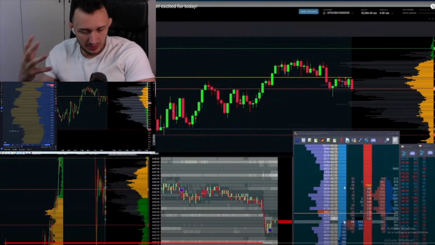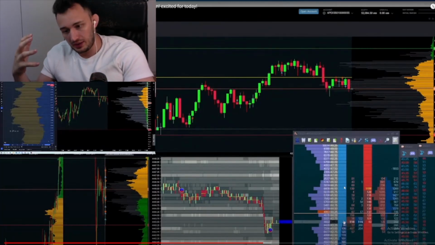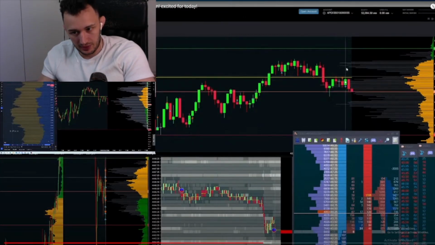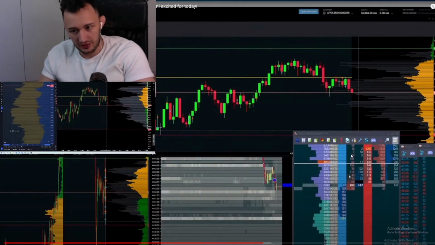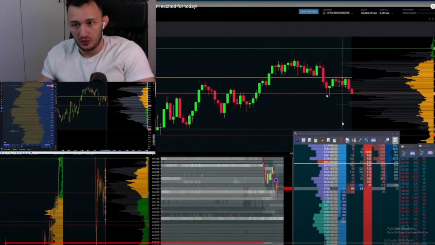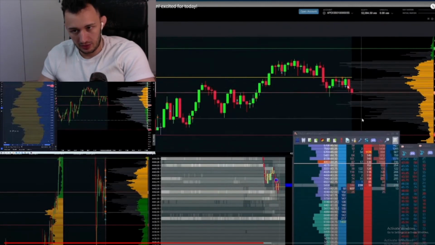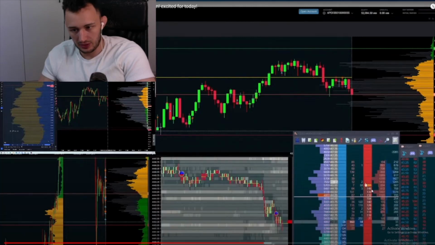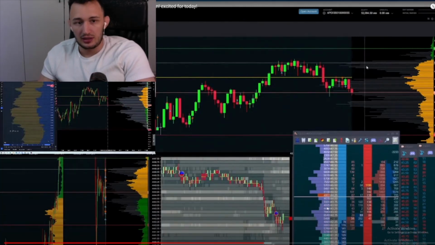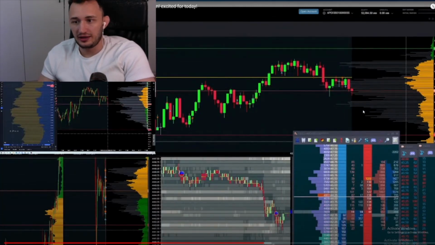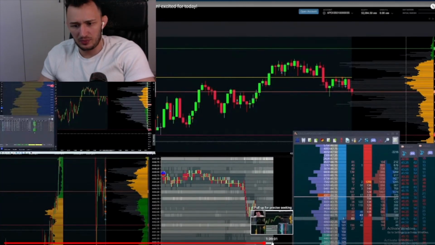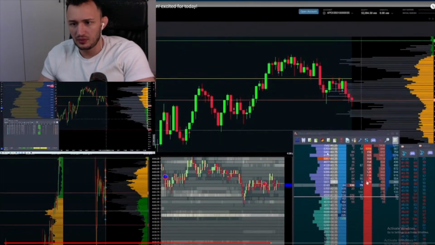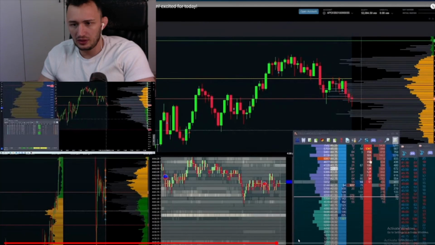Obviously some hindsight here, but when I was looking at this setup, think whatever you want to think of me, I was just observing and was not thinking about or knowing that this was going to happen. But anyways, I think we ended up grabbing this liquidity here.